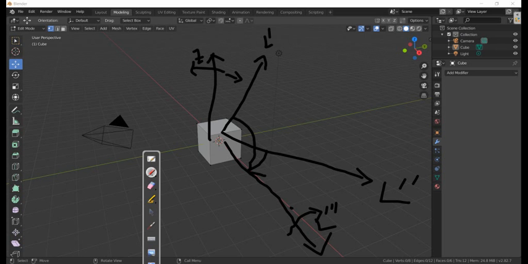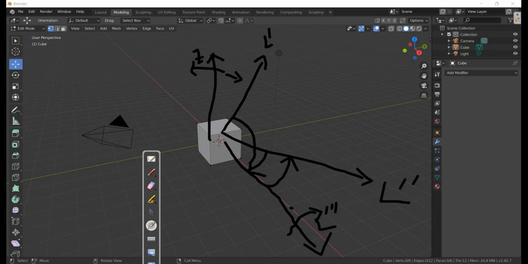Now you have the rotated point, but it is not at the place where it should be. So what should you do? You should again do a rotation so that the line L triple dash, or the entire system, is transformed with respect to L double dash. That means a reverse rotation.